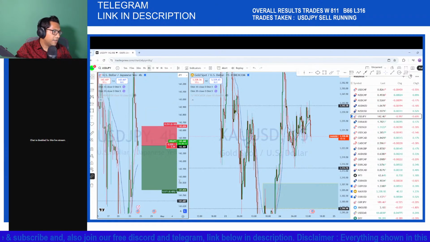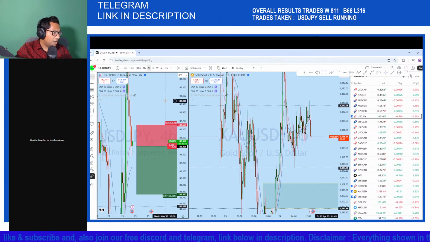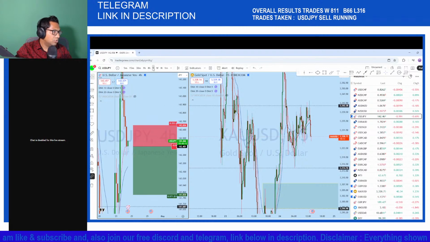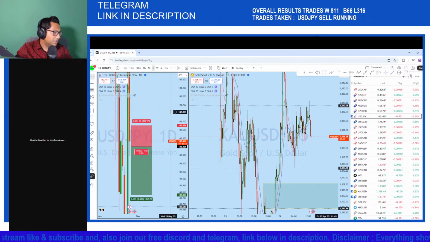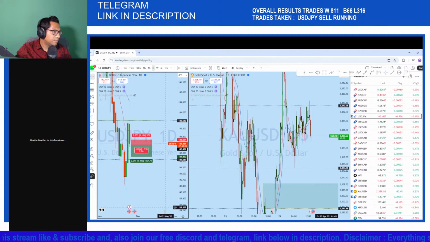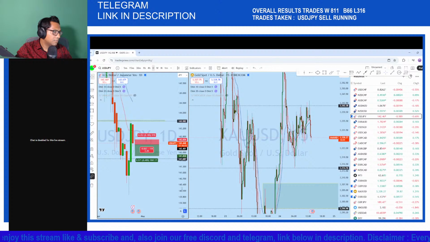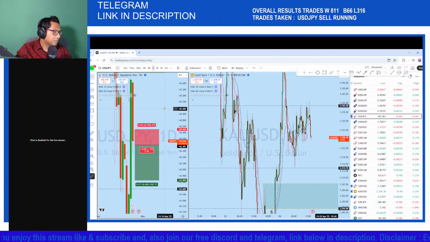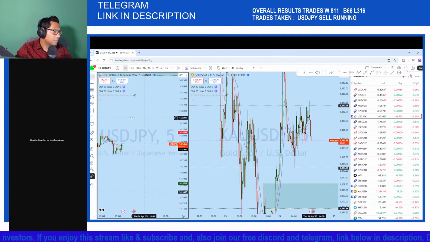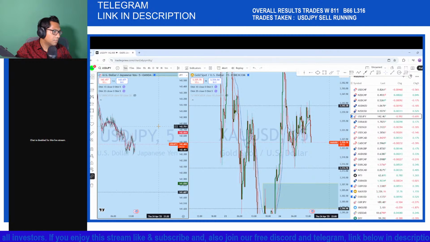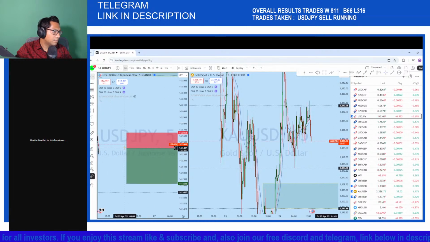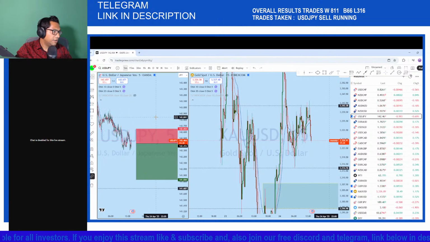This pullback, I would like to see how far the market is trying to return back from the daily. Leaving it here.